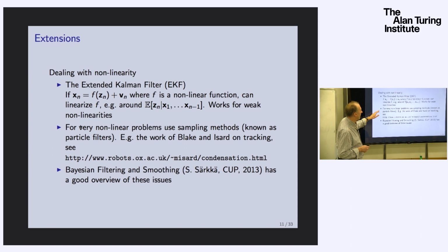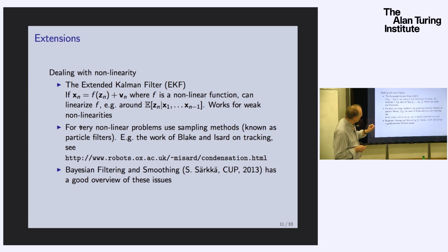There's some nicer work, going back almost 20 years now. This is Andrew Blake, who's there. I think he's still the research director of the Turing, will be stepping down soon, and I'll show you that in a minute. There's a whole bunch of other work. These methods known as particle filters are one way of doing this.